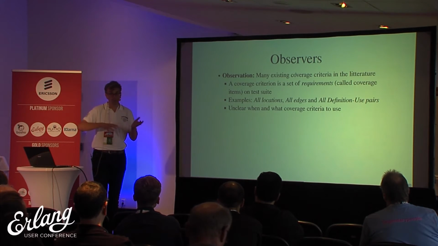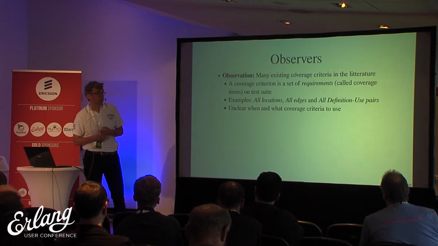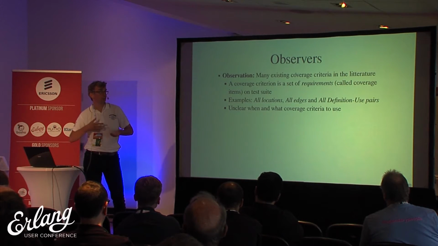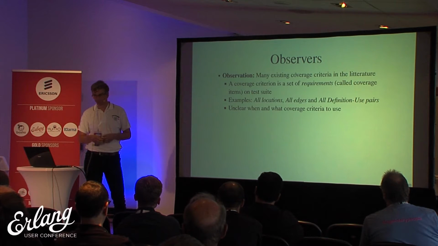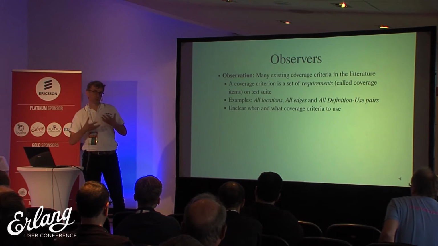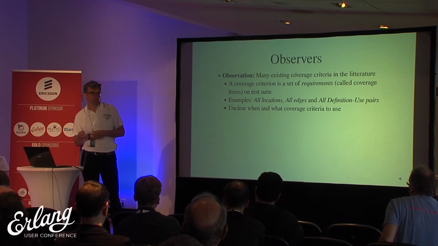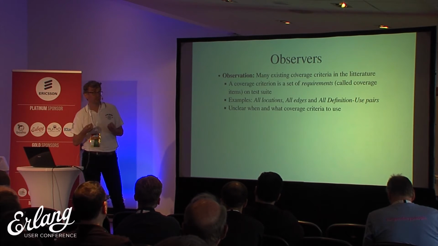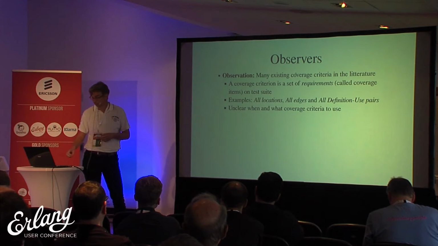You define a variable and then you use it. But it's unclear when and what coverage criteria to use. And that also calls for some flexibility, because you don't really know what to use. And you may also want to invent your own criteria.